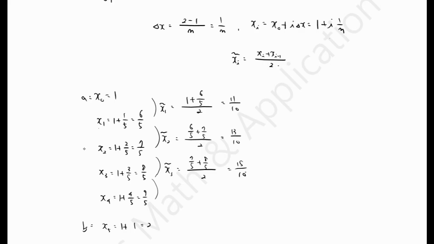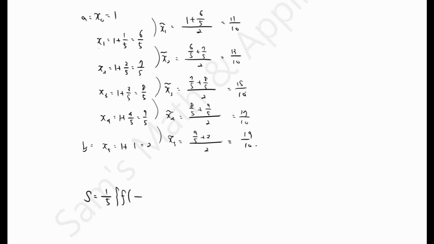The midpoint between x3 and x4 is 8 over 5 plus 9 over 5, over 2. This is 17 over 10. The midpoint between x4 and x5 is 9 over 5 plus 2, over 2. This is 19 over 10.